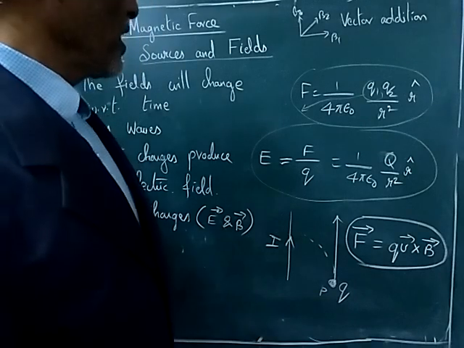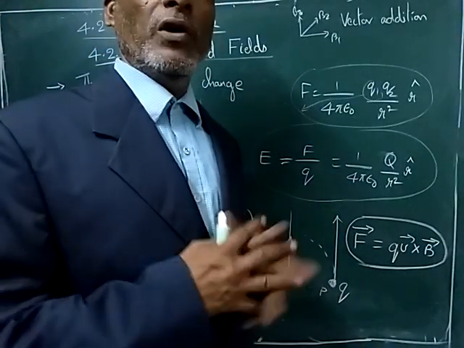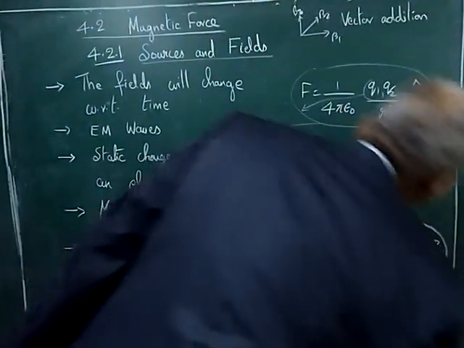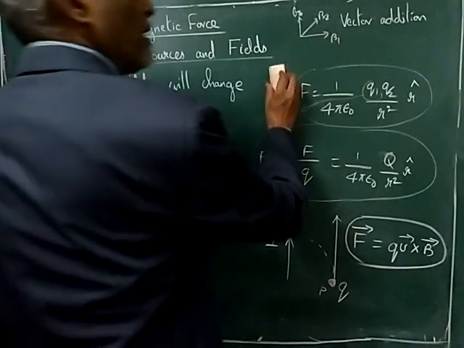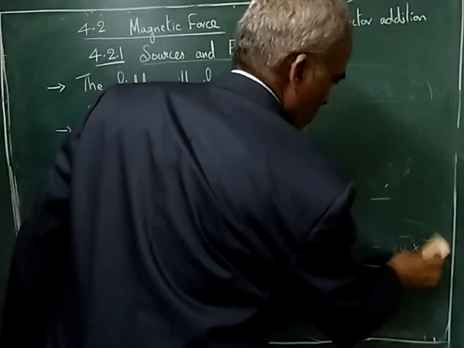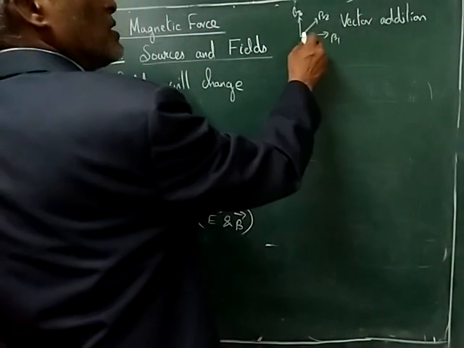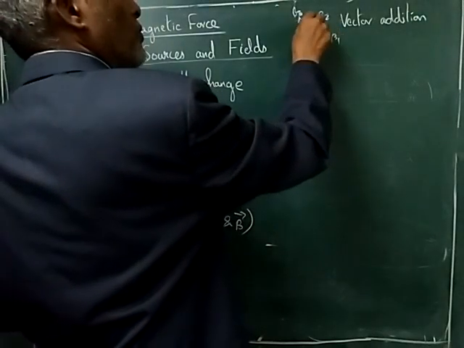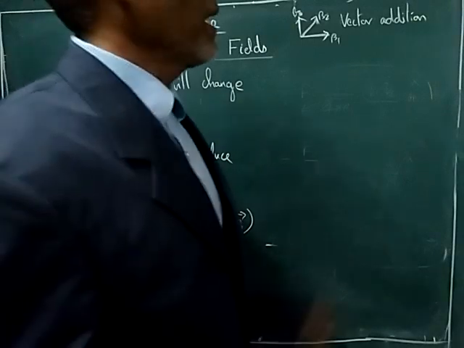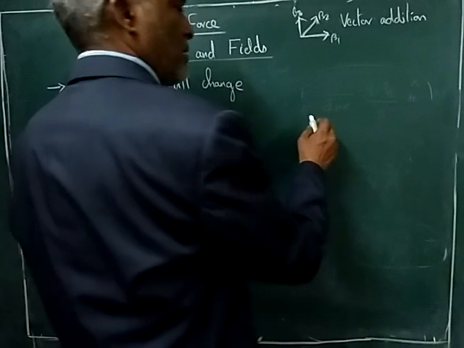So this is the basic idea, and if you have different magnetic fields, then you have to go for vector addition. Assume you have three magnetic fields, B1, B2 and B3. We have three vectors, all magnetic fields.